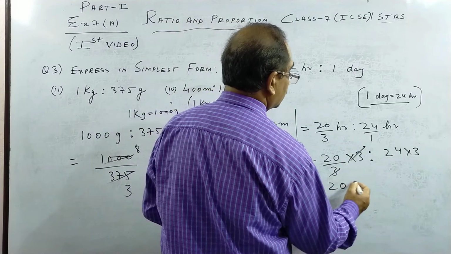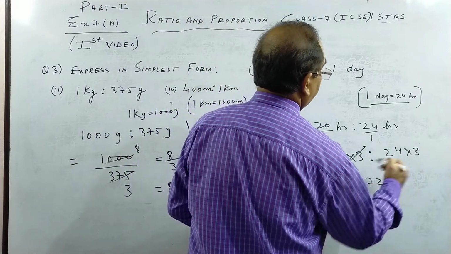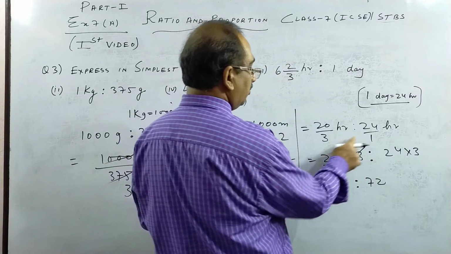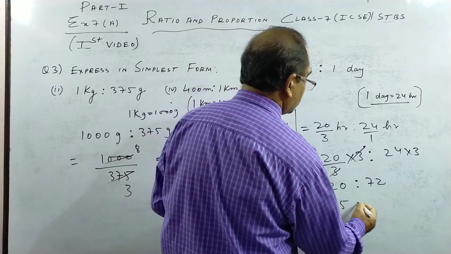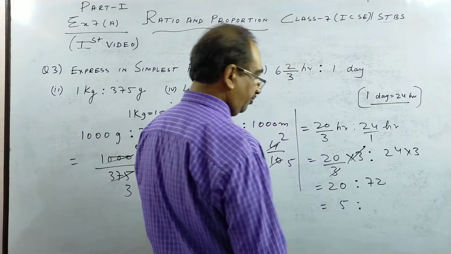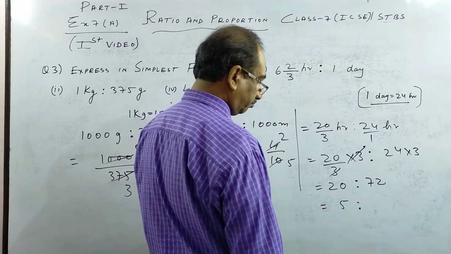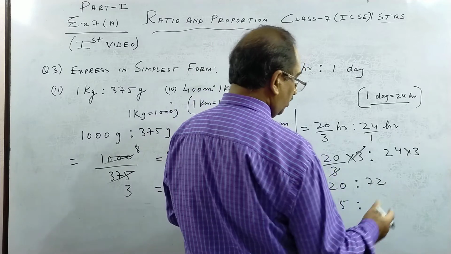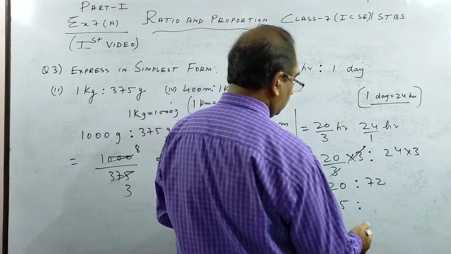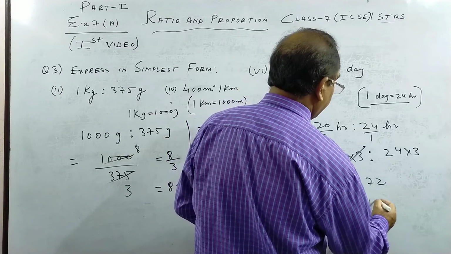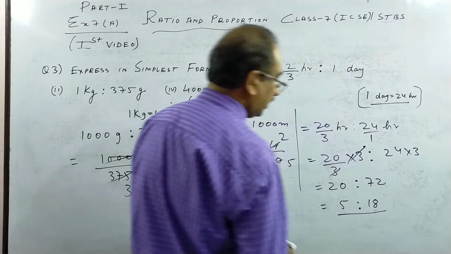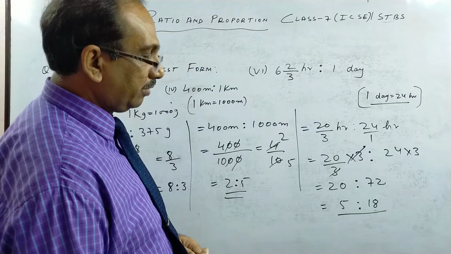So this becomes 20 is to 72. So LCM of 3 and 1 is 3. So this again will go in the table of 4. 4 5s are 20, and if you divide 72, 4 15s are 60, 18 4s are 72.